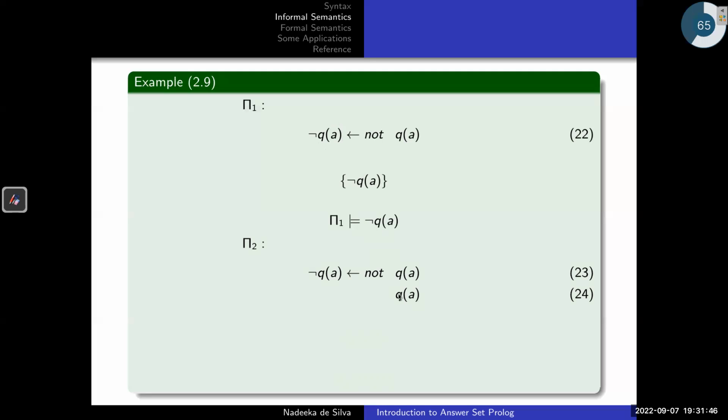Again, if I add the rule QA to this program, now my answer set is QA, containing this fact. So the program entails QA. So by adding another axiom, my conclusion is going against the previous one, completely the classical negation of the previous conclusion. This is possible because it is based on non-monotonic logic.